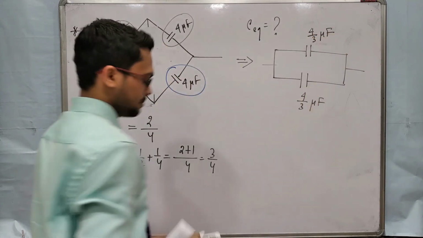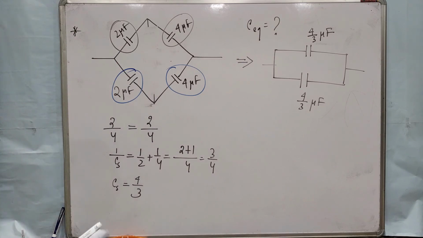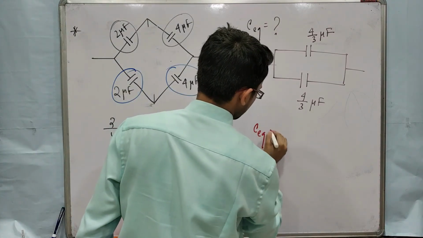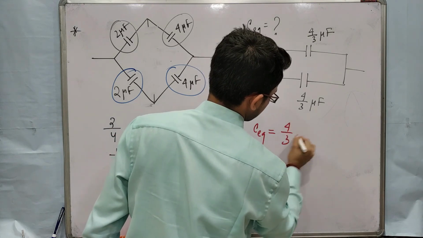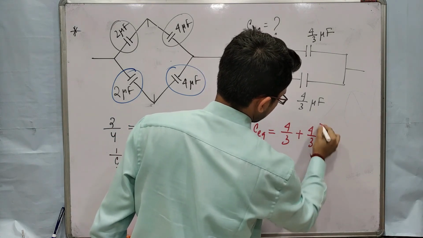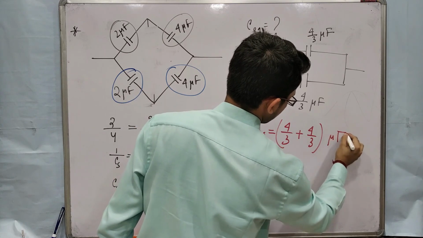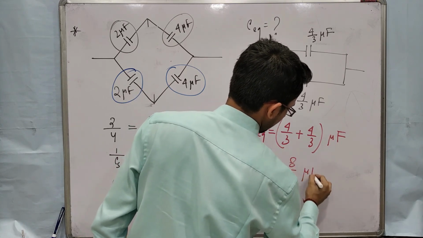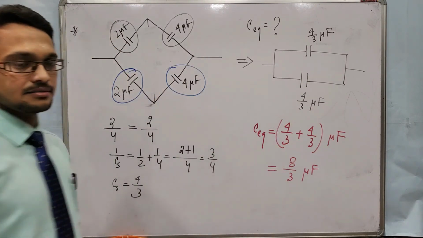Now they are in parallel. Clear? So the equivalent capacitance will be simple addition: 4 by 3 plus 4 by 3 microfarad. We will get 8 by 3 microfarad. Clear?